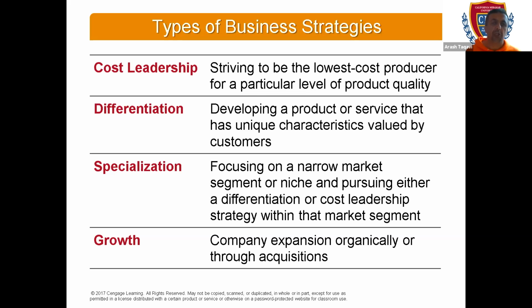Differentiation is about being unique. Specialization: focusing on a narrow market segment or niche, or pursuing either a differentiation or cost leadership strategy within the market segment. Specialization is about narrow or niche. Niche is the specialized area you want to work at. And growth: company expansion organically or through acquisition. The keyword is expansion. Okay? Any question?